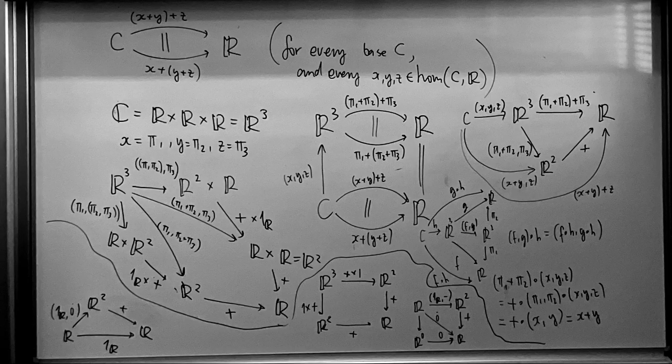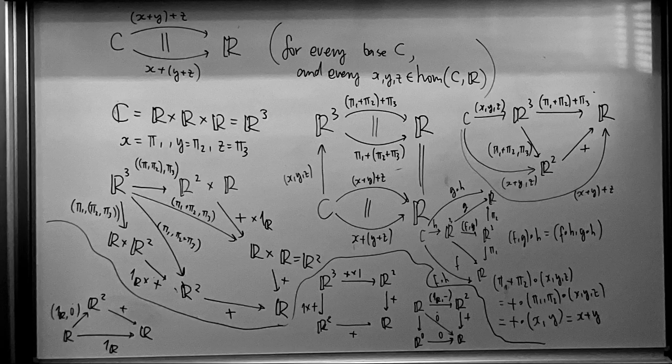So from R cubed, we go to R squared cross R. By considering the morphism into this coordinate, we consider the morphism pi1, pi2.